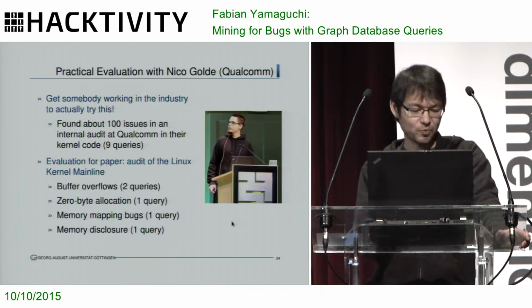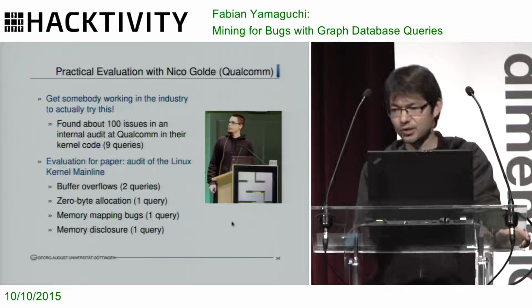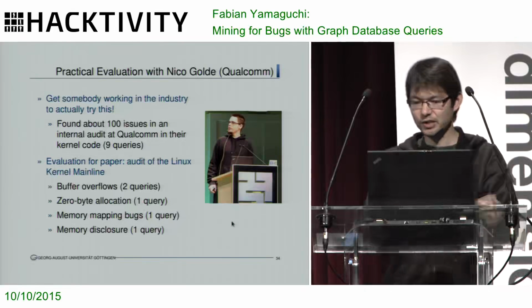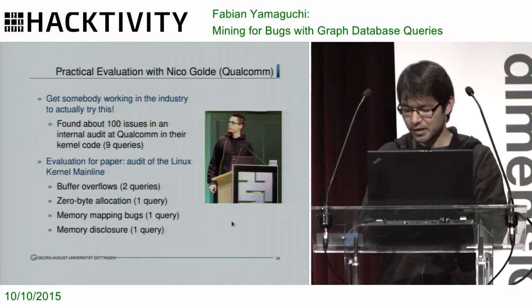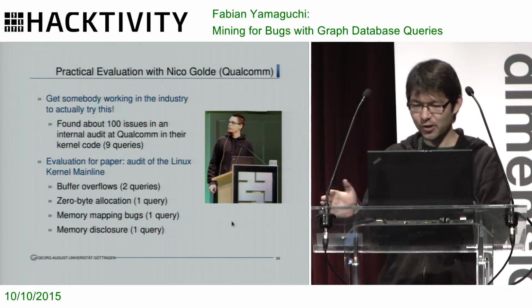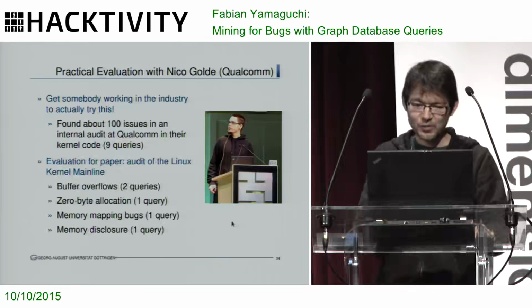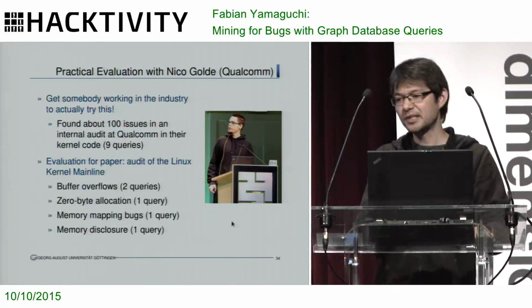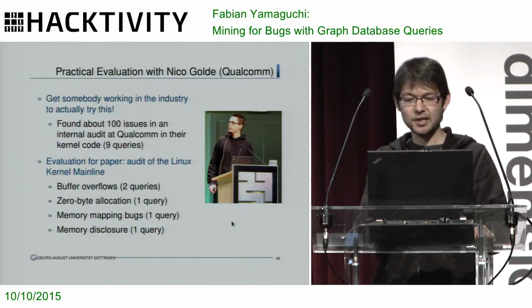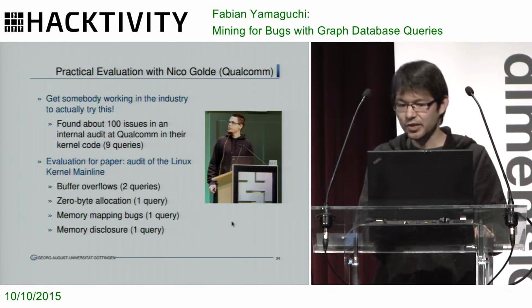Okay. So we did a practical evaluation of what this tool can do. I'm just going to make this very short. In the original talk, we talked about all of the details of this, but that was actually not so interesting. The point here is this is not some purely academic thing that really doesn't produce results, but in fact we used the Linux kernel as a case study, and I actually got somebody in the industry to use this.